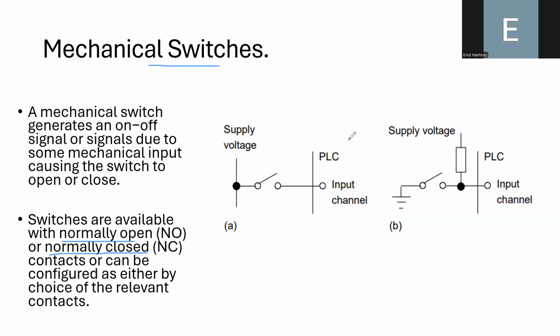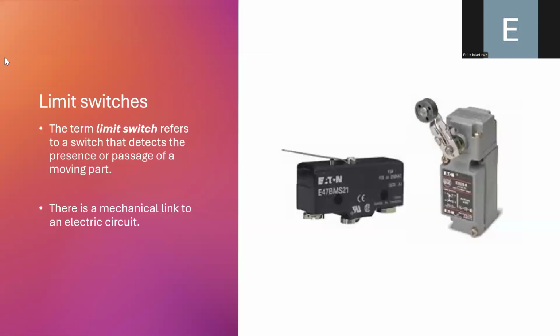Based on these configurations, you can connect the switch to the PLC. Another type of switch is called the limit switch. Basically, limit switches have a lever, for example, or a roller.